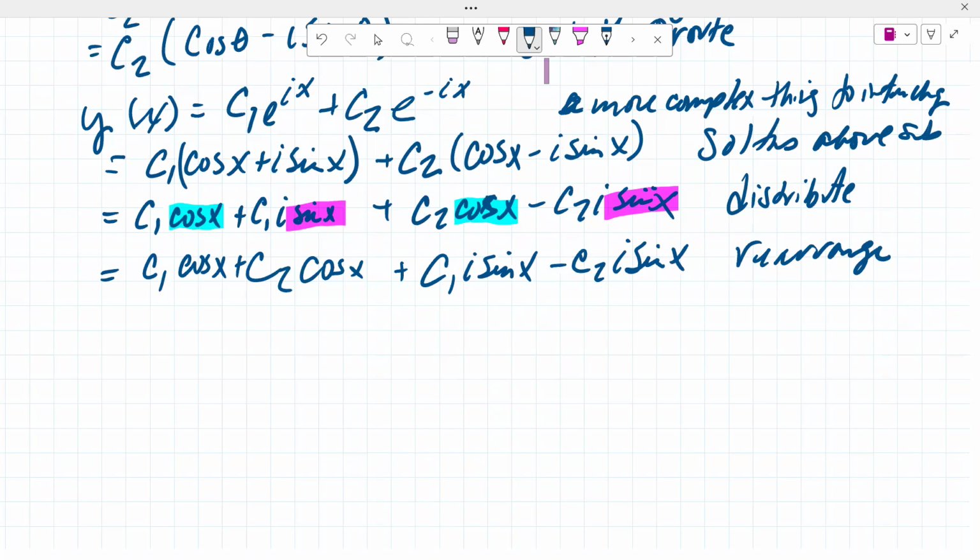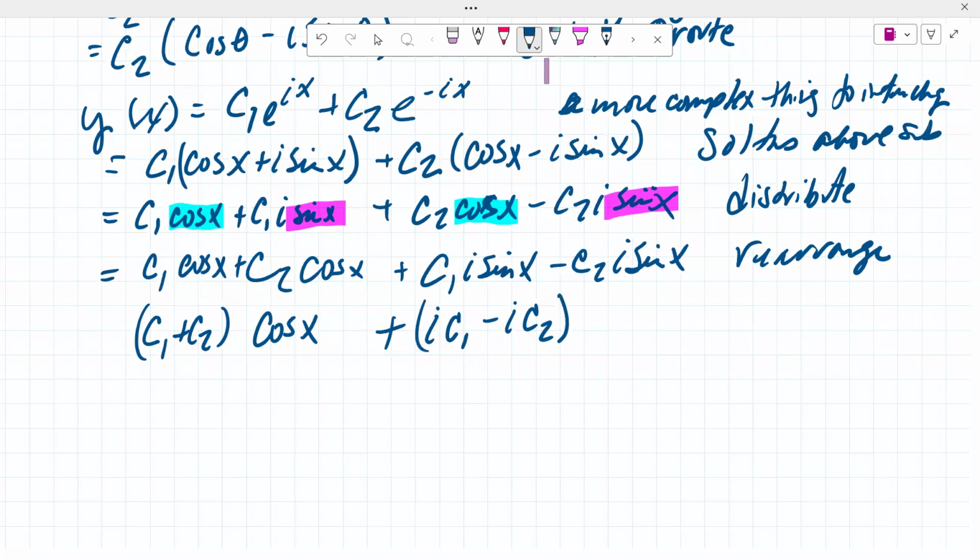So what we're going to do is say C1 plus C2 times cosine x plus, now we're going to do some factoring here, I C1 minus I C2 times sine x. It's factored out.